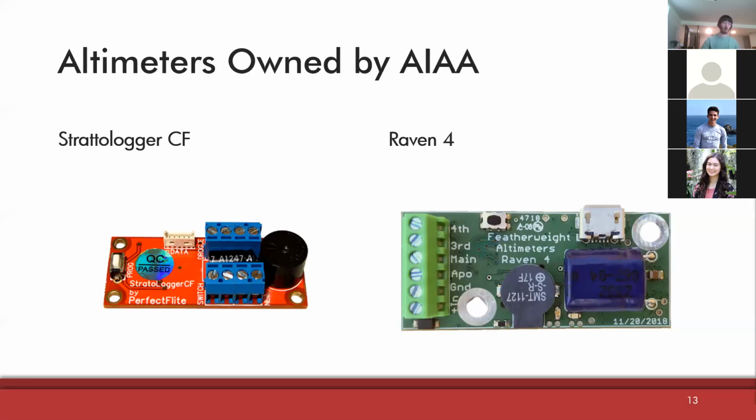I know the Raven also has an accelerometer. And the key difference, an accelerometer measures the acceleration.